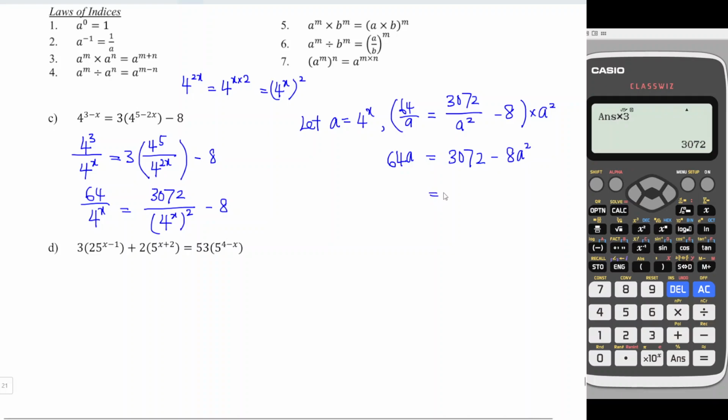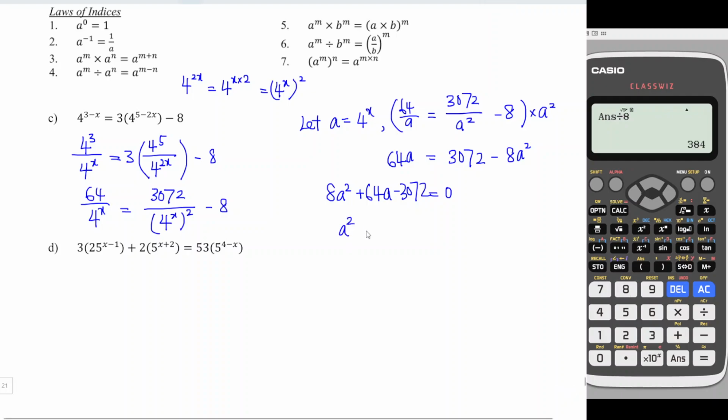Then we rearrange the equation, we obtain 8a squared, move over becomes plus, so plus 64a, plus, move over becomes minus 3072 is equal to 0. If we want to simplify this equation, then we can divide the whole equation by 8. 3072 divided by 8, we obtain 384.